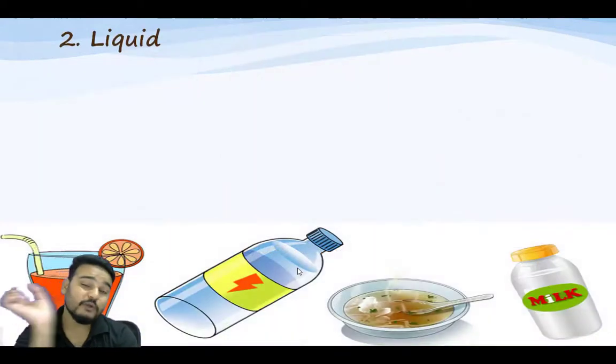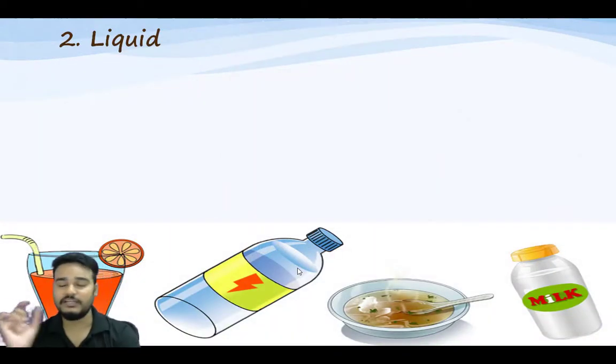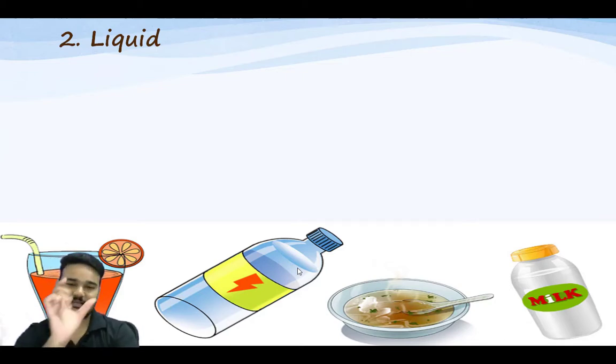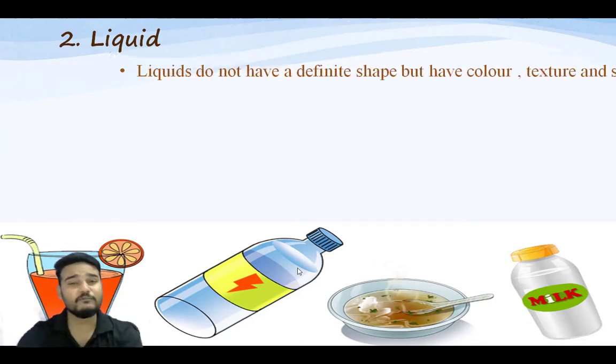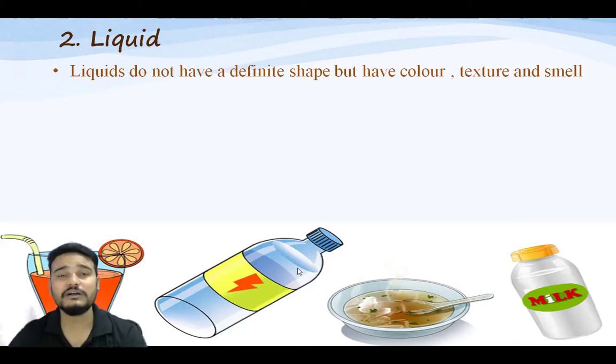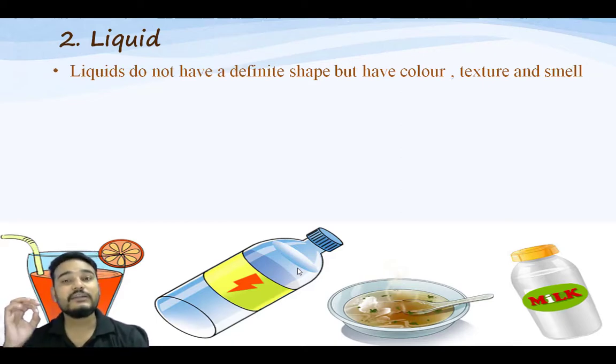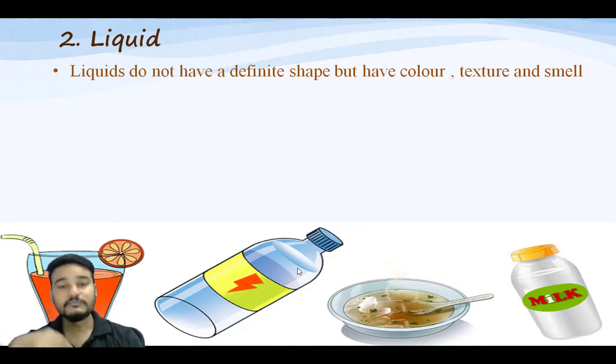Water does not have a definite or fixed shape. So now, water is in which state? Liquid state. So now we are going to learn about liquids. The first point from that activity is that liquids do not have a definite shape, but they have colors, they have a texture, and they have a smell.